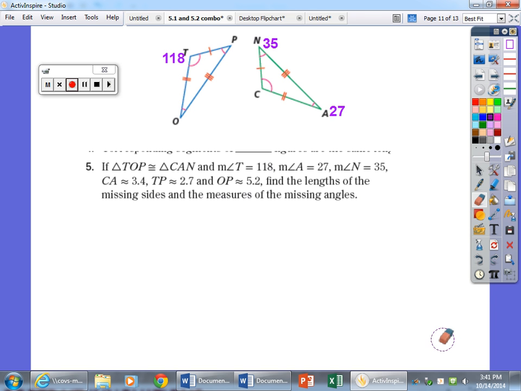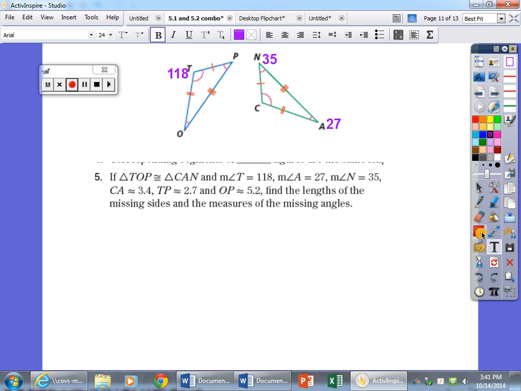Okay, so we've looked at the angles, now let's take a look at the sides. I know that side CA, which is right here, side CA is 3 4/10. TP, which is up here, is 2 7/10. And OP, which is over here on this one, OP is 5 2/10.